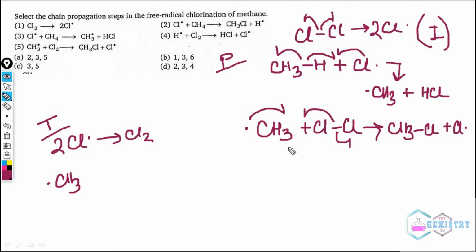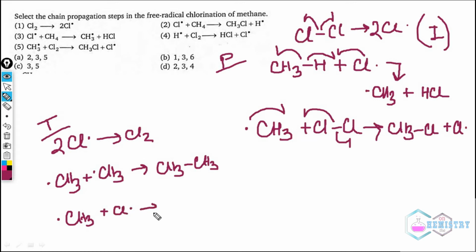There may be an excess of CH3 radicals, or methyl radicals, so they react with each other to form ethane, or this CH3 dot radical reacts with a chlorine dot radical to form CH3Cl.